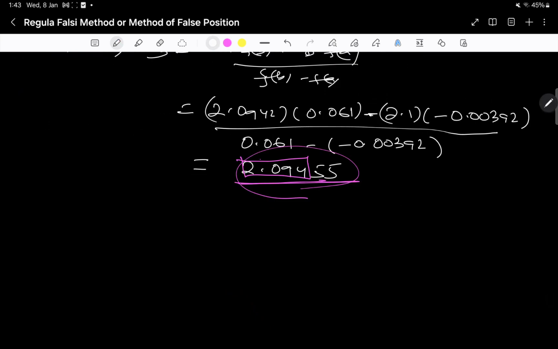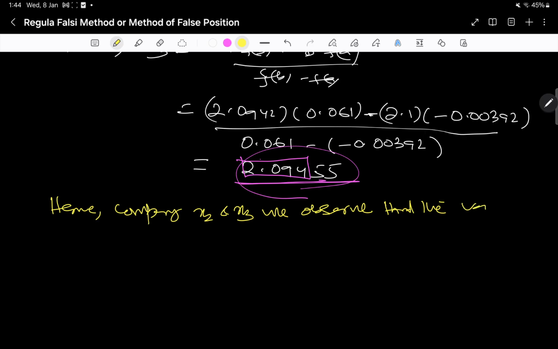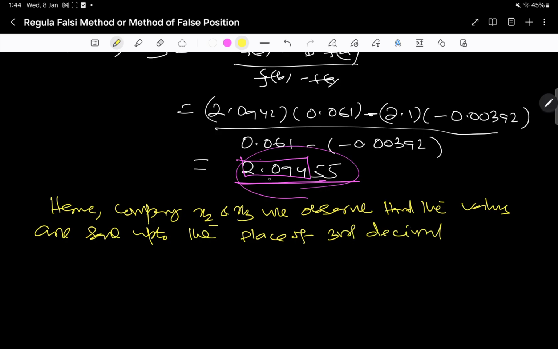Hence, comparing x2 and x3, we observe that the values are the same up to the third decimal place.